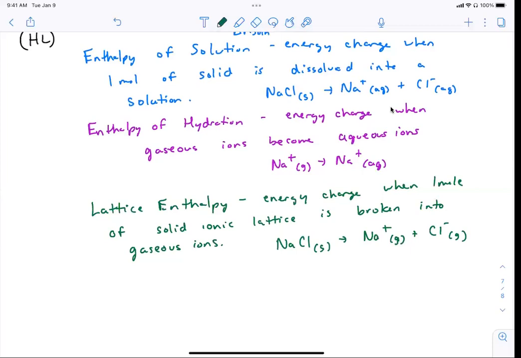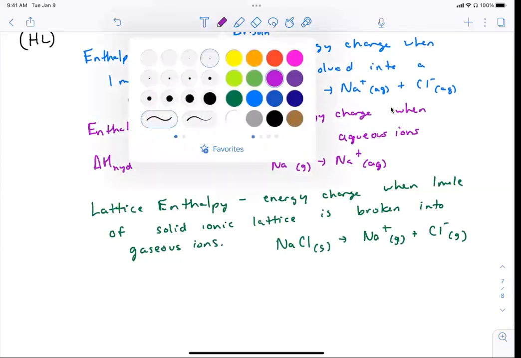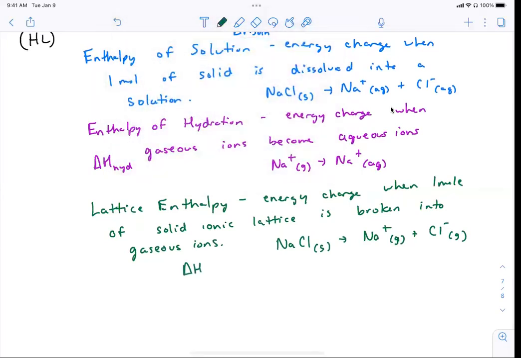Oh, enthalpy of hydration is gas to aqueous. And it's delta H, and then what's the subscript? I think HYD. And then this is delta H lattice, I believe.